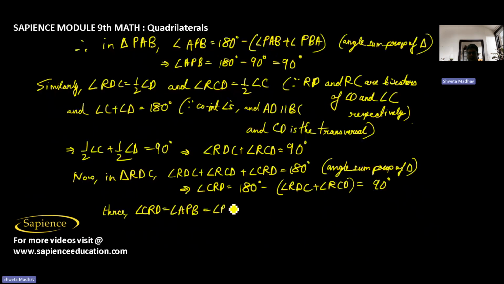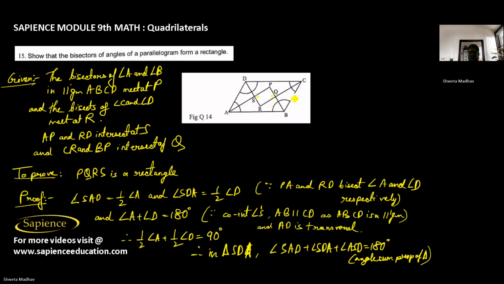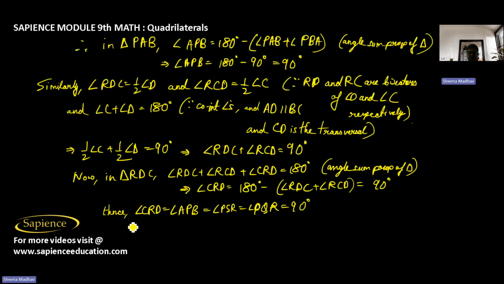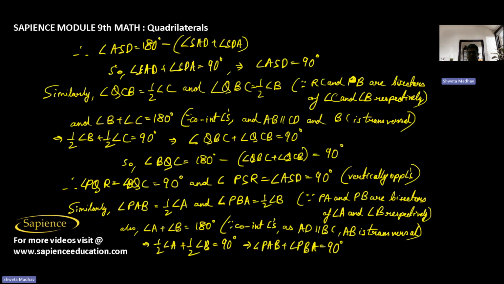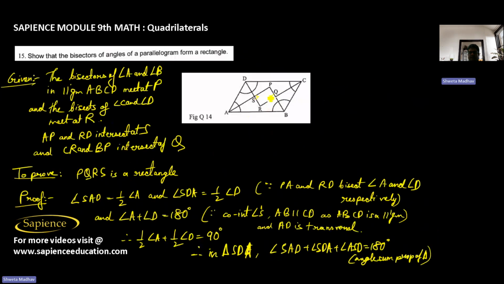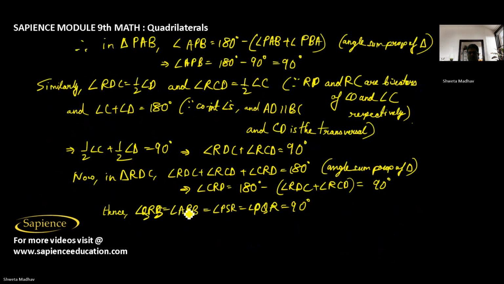The angle PSR equals angle PQR, that is equal to 90 degrees. Now angle CRD is angle QRS, and instead of APB, I can say SPQ. So all these angles are right angles.